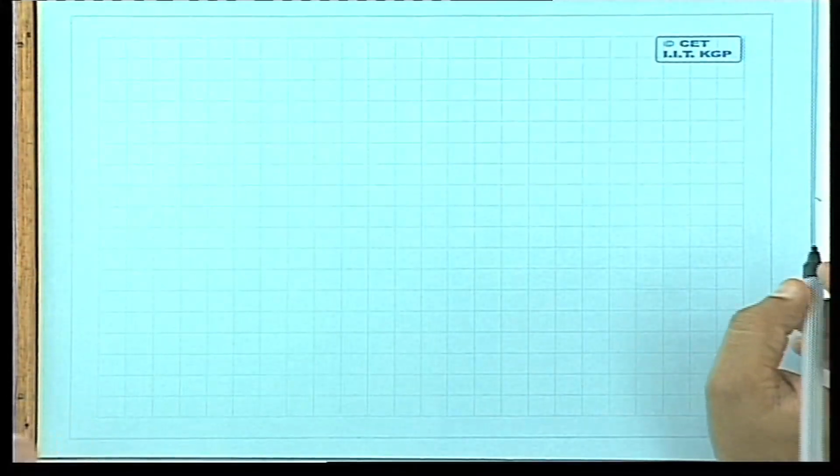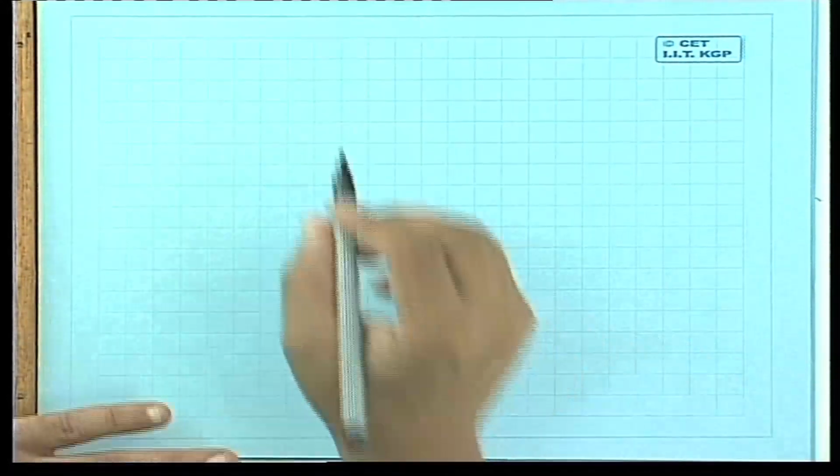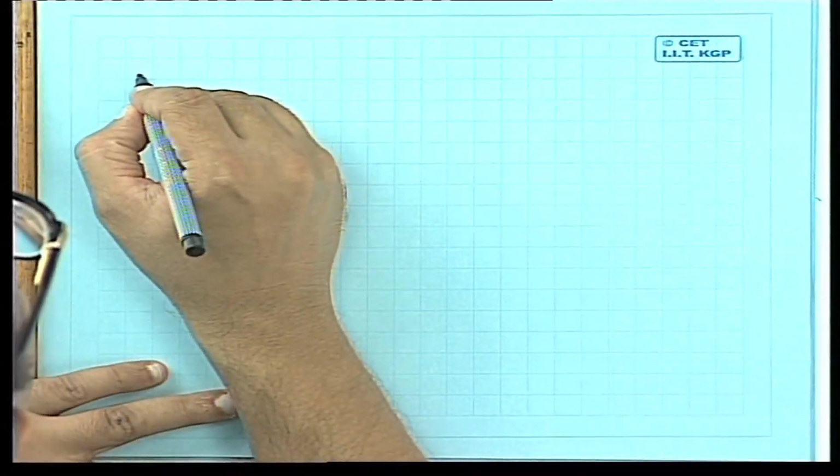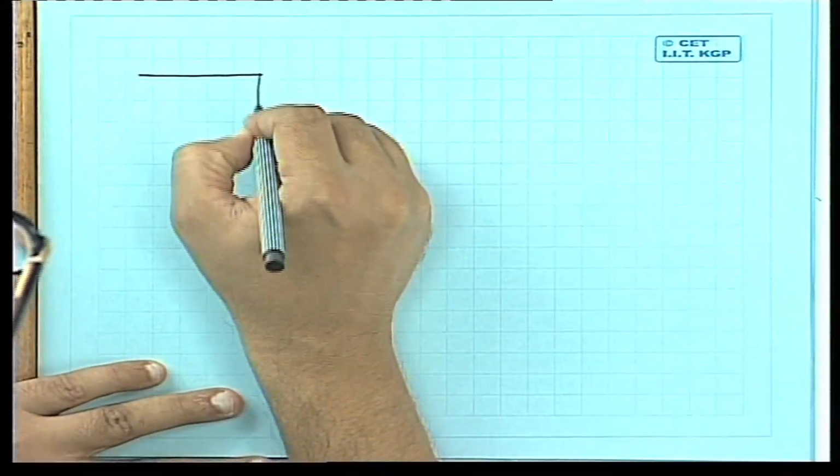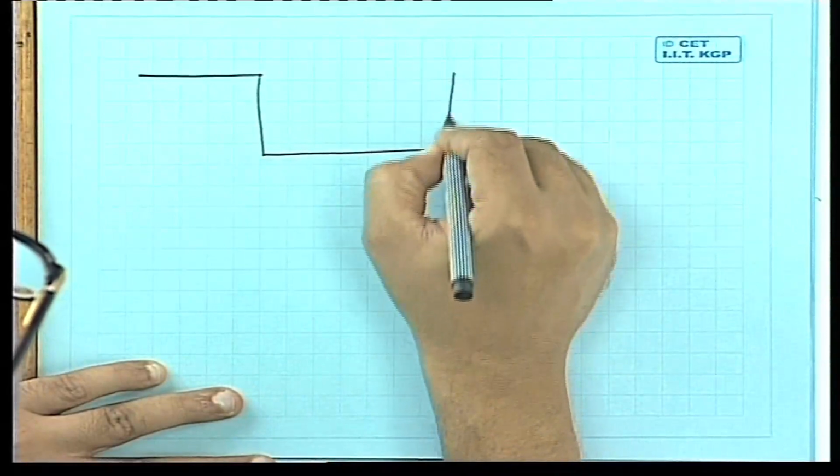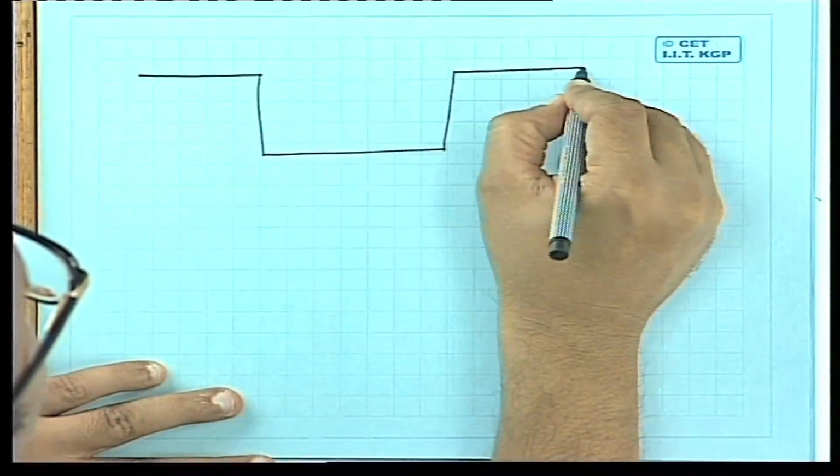So the WKB approximation is as follows. Suppose I have a potential which is constant.